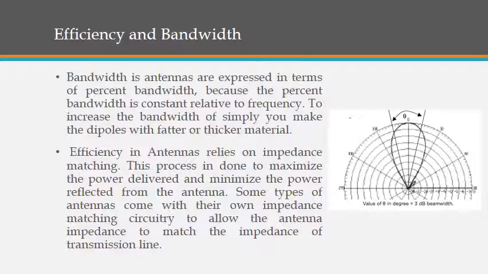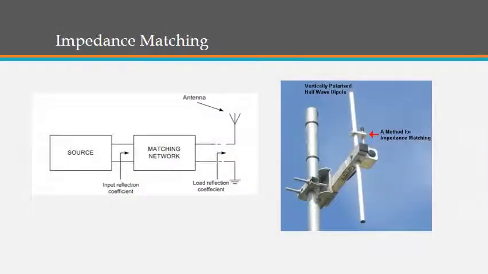As you can see, the picture on the left is basically the circuitry and the antenna. That's the input reflection coefficient that we're talking about, and we want that to match the load's impedance, which is the antenna. The picture on the right is just a method that they chose. This method is used to do impedance matching.